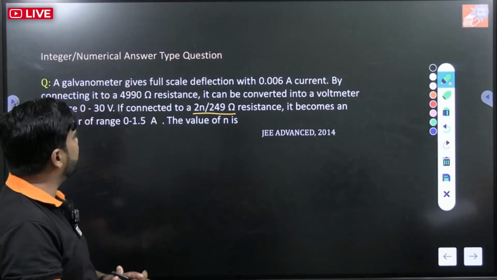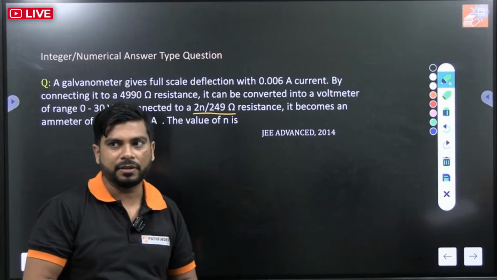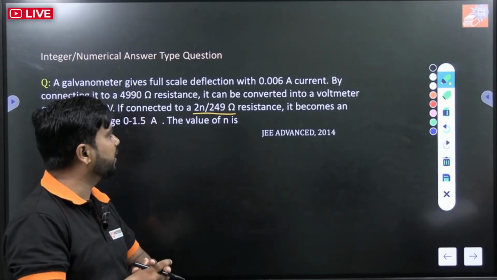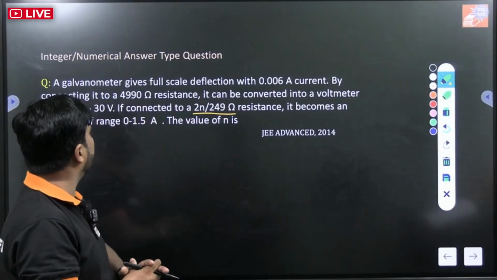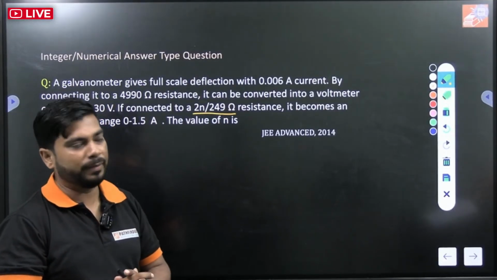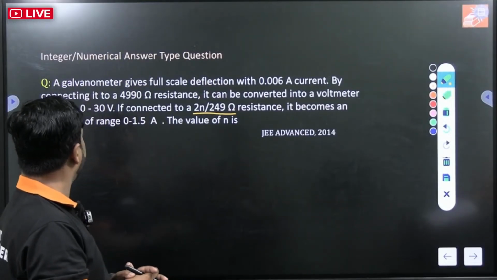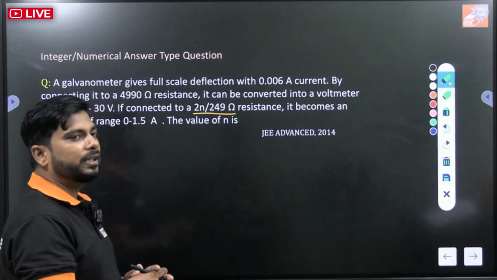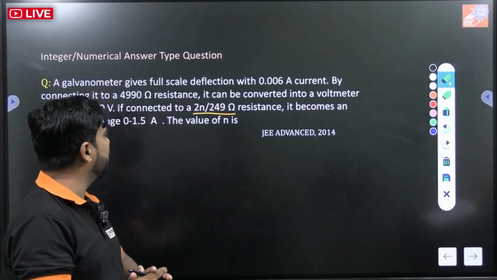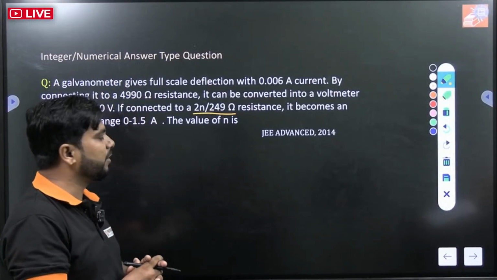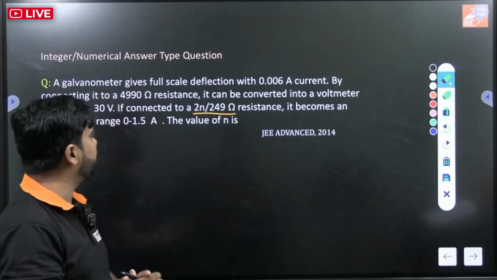A galvanometer gives full scale deflection with 0.006 ampere current. By connecting it to a 4990 ohm resistance, it can be converted into a voltmeter of range 0 to 30 volt. If connected to a 2n by 249 ohm resistance, it becomes ammeter of range 0 to 1.5 ampere.